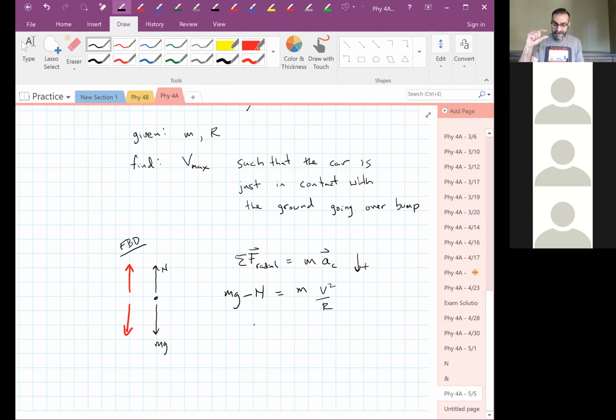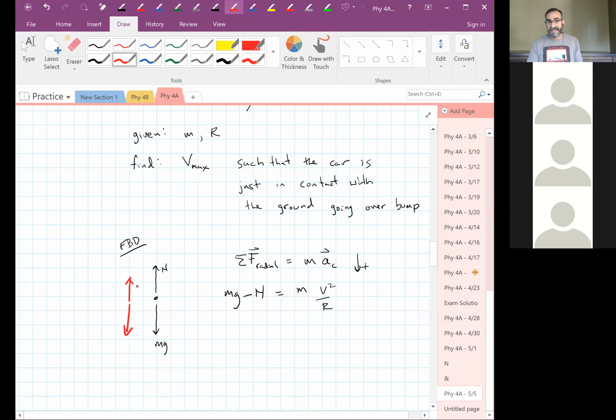It had to get a tiny bit smaller, right? In order to have this difference equal to some small number. If v is some small value, then the difference on the other side has to be some small value. So if I drive real slowly over the hill, my normal force gets a little bit smaller.